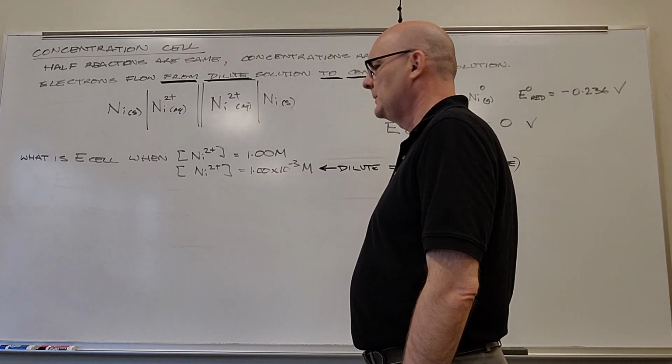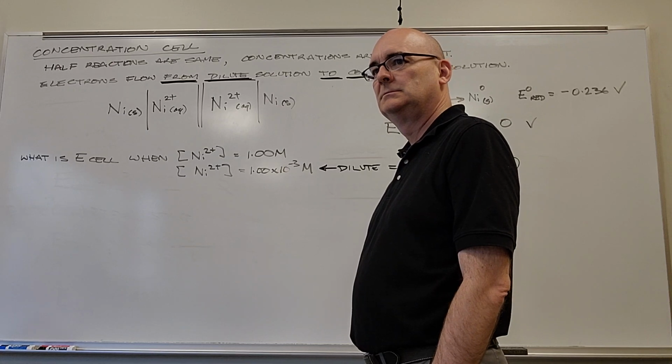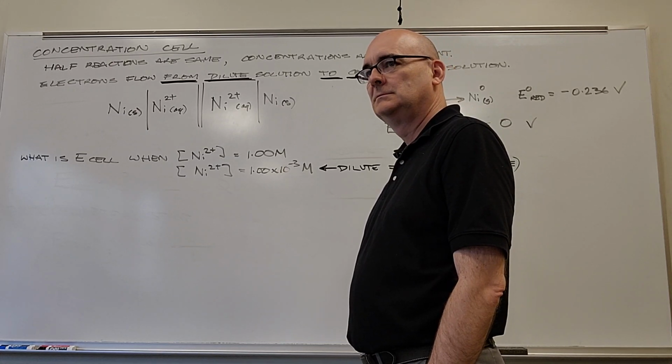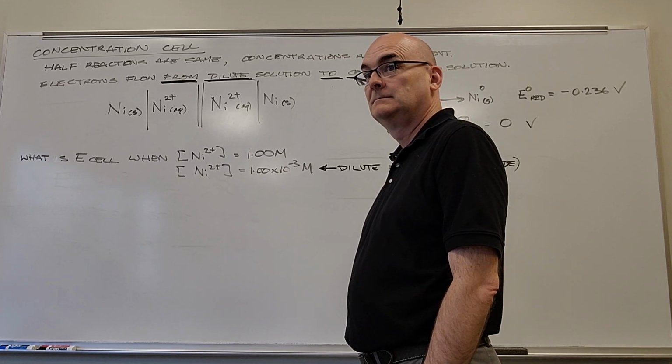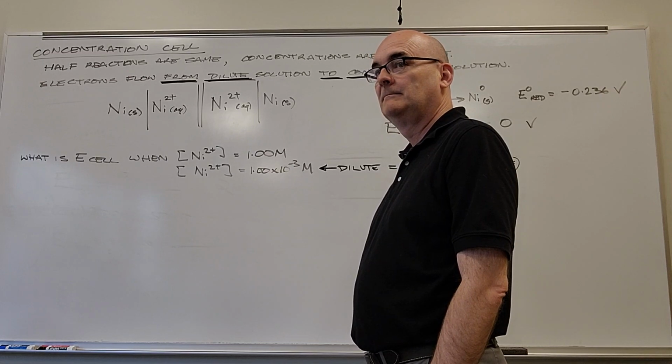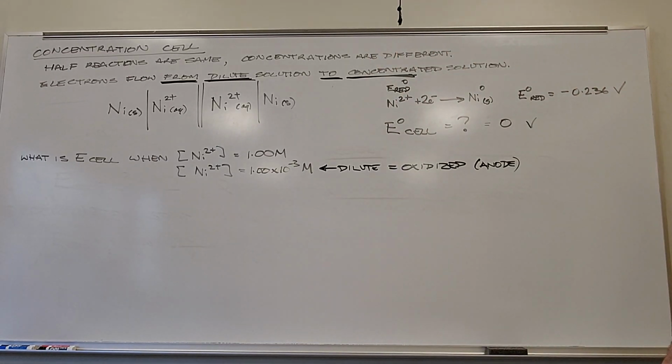How am I going to find the cell potential? Since the bottom one's oxidized, they're both going to end up on either side of the reaction. So one of them is going to be a reactant, one of them's going to be a product, and you'll be able to use Q that way.